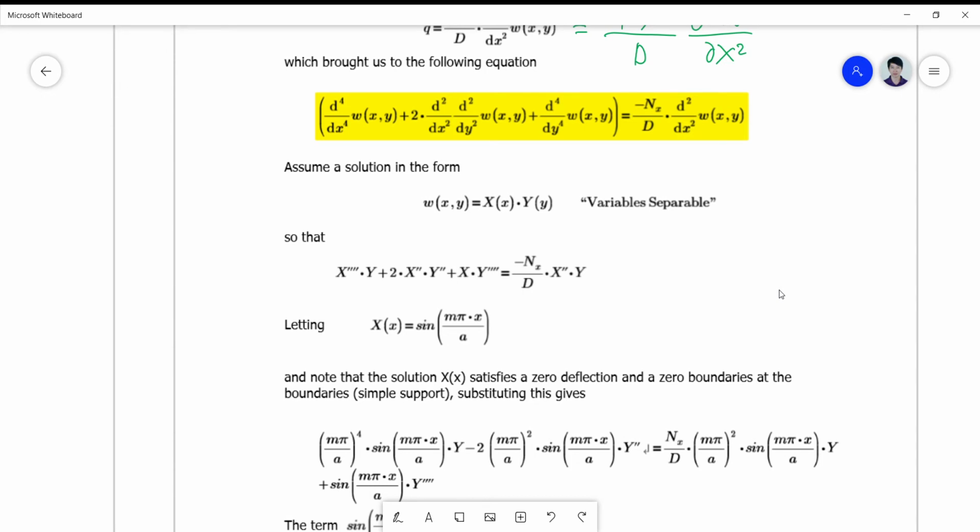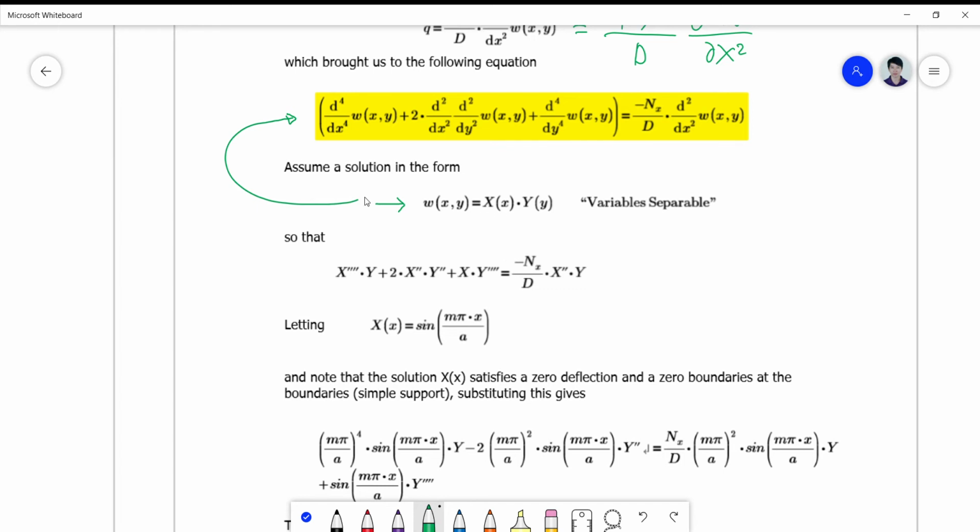So the solution is done by first separating the variables. We simply apply this assumed solution into the governing PDE.